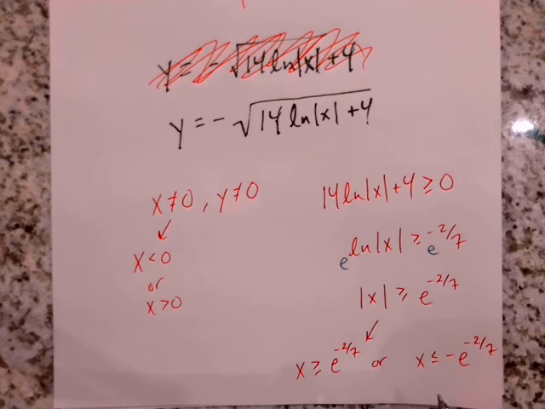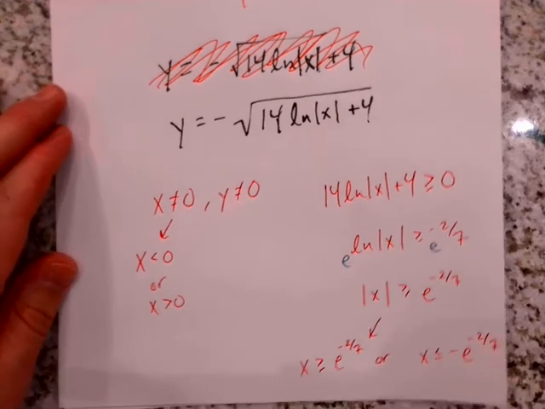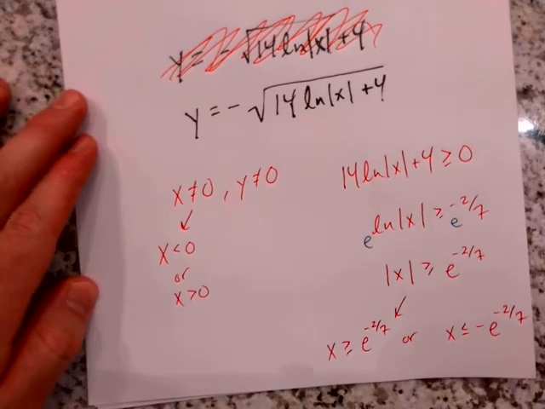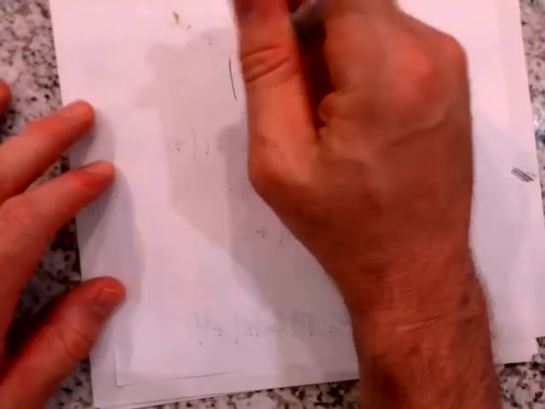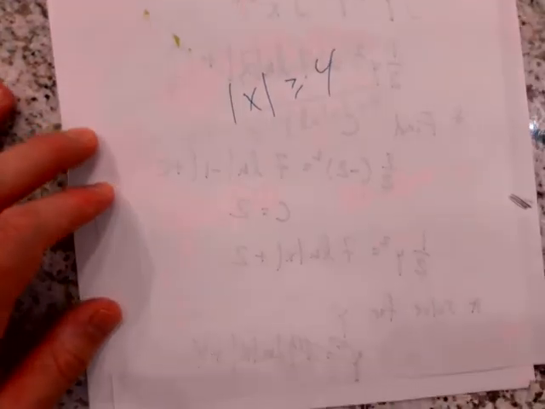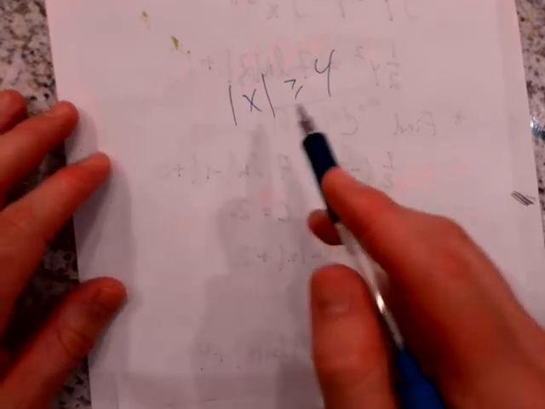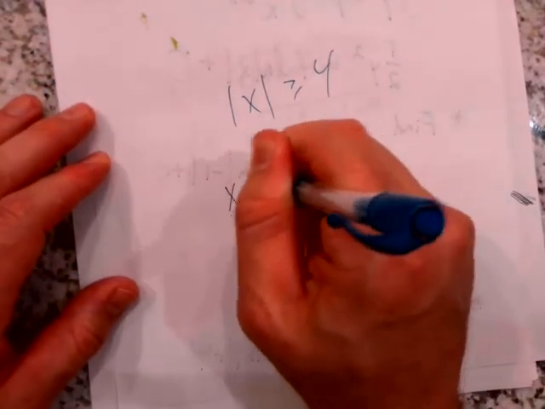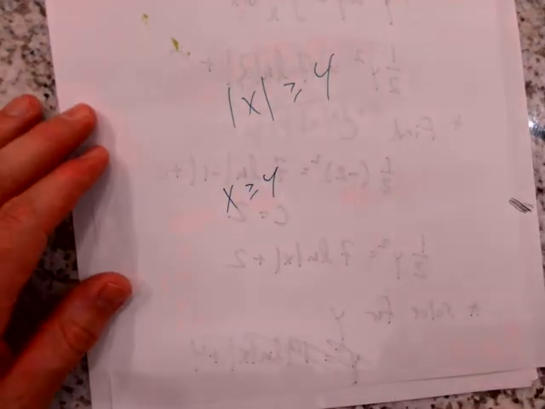Why that makes sense, it might be good to go to a simpler example. Let's say that you had absolute value of x greater than or equal to 4. This means that the size of your number is bigger than 4, because absolute value tells you how big the number is. So if you're greater than or equal to 4, your size is bigger than 4.